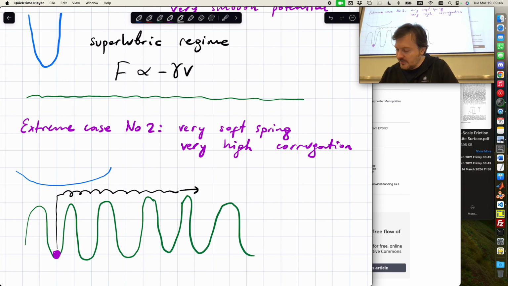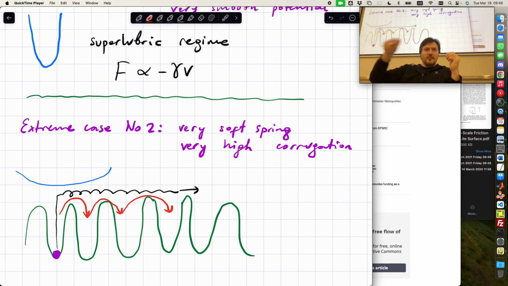Sometimes it would just do one tick like this. Sometimes it will do double slip, like tick tick. Sometimes it will be triple slip, whatever.